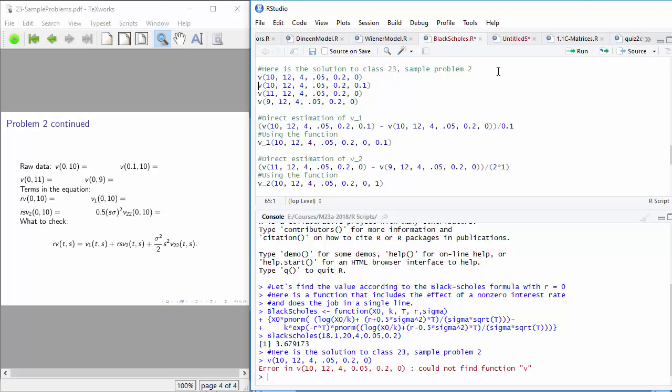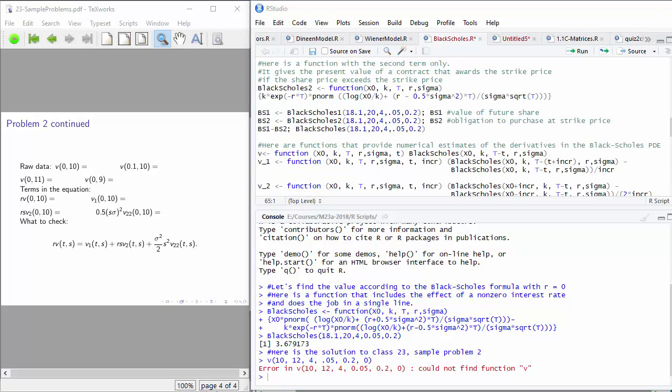And the first time I do this evaluation is for the case where... I just realized it does help to define a function before you call it. So let's define this function v.